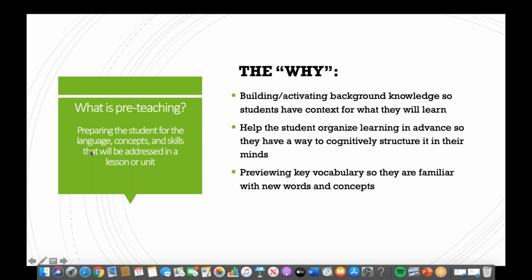Pre-teaching strategies can also provide organization for what students are going to be learning using a variety of visual tools. So not just getting a background schema, but also helping them prepare their brains for organizing this information. And then we're also going to talk about previewing key vocabulary so they're familiar with new words and concepts.